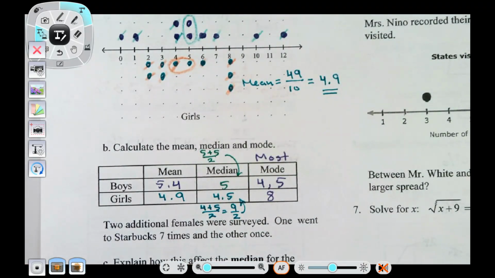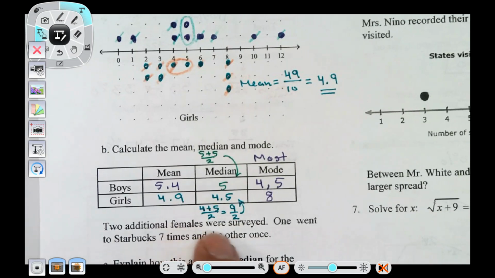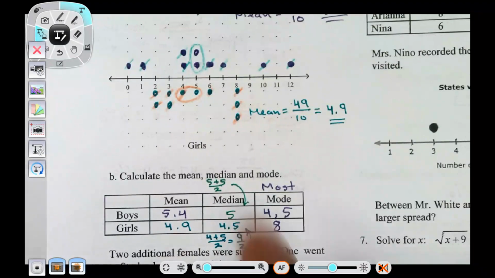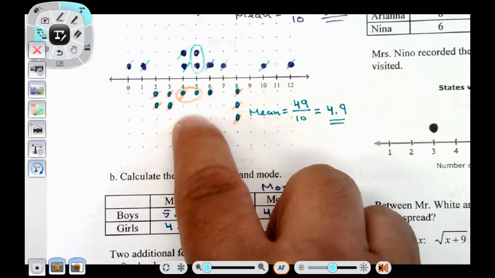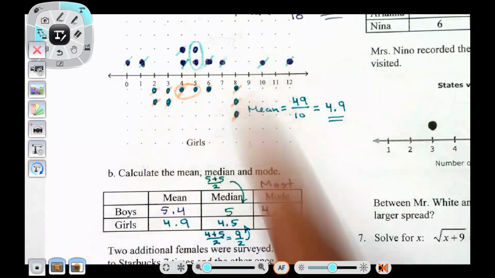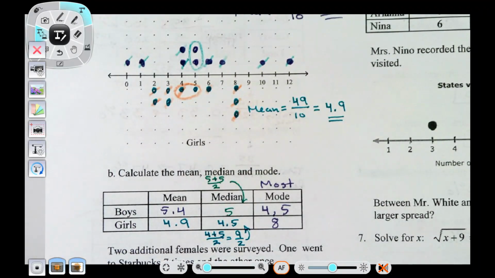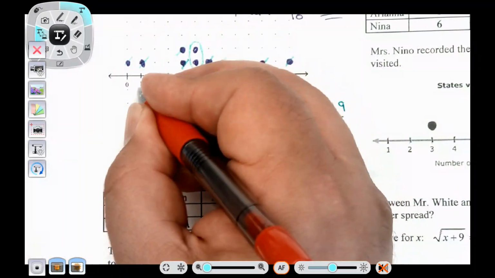So here come the following questions. 2 additional females were surveyed. One went to Starbucks 7 times. The other one only went once. So think about it. If we're only talking about the females, and remember, the median was here. So if my median happened at 4.5 between these dots, but they said you're going to add a dot for the 1, so I'm going to just put a circle.